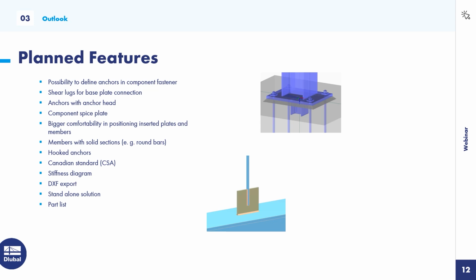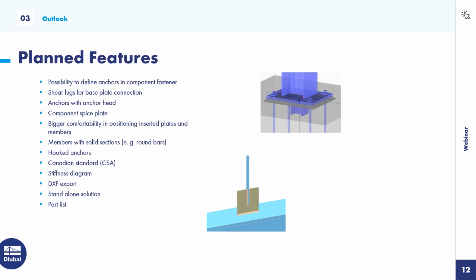We will provide a standalone solution so that you can use the add-on Steel Joints without RFEM. Then you need to import the internal forces and so on from other programs, and then you can calculate your steel joint. And the last feature is a part list that we will implement in the future.